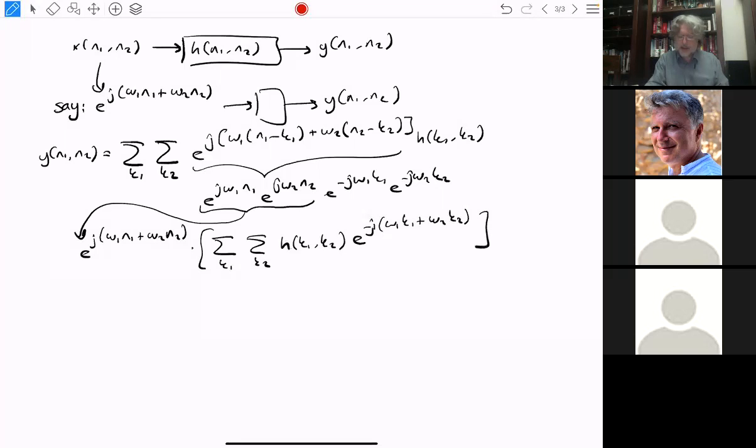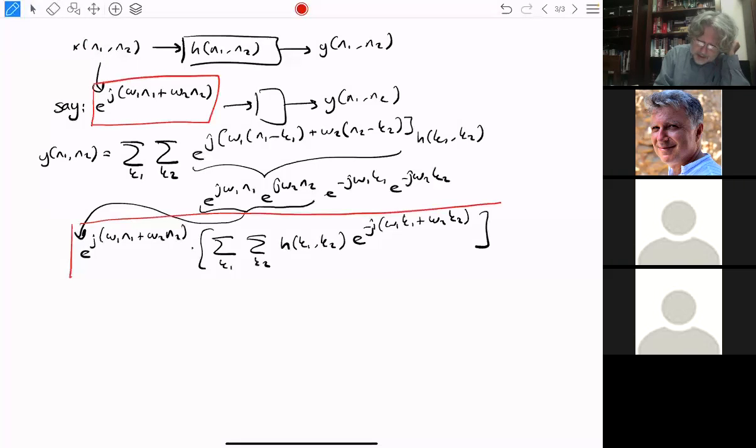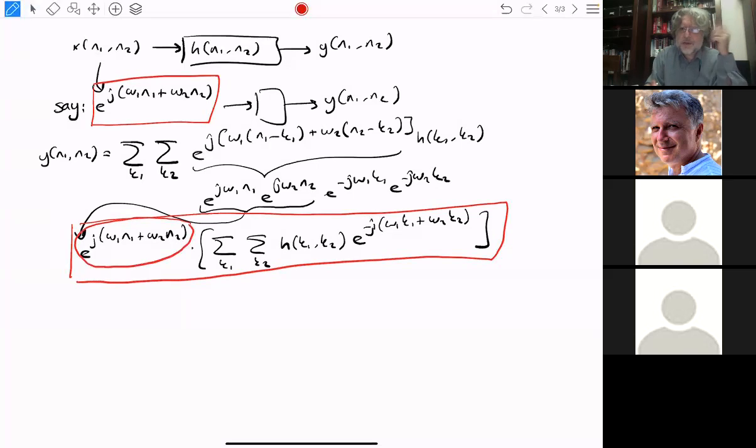Let me write it like this. Now, as you see, we have input this signal, and the output is this signal, where this part is the same as the original input. So we can say that this is therefore the 2D Fourier transform.